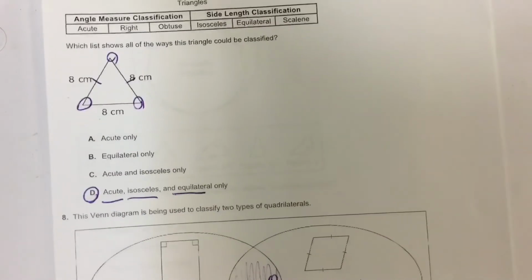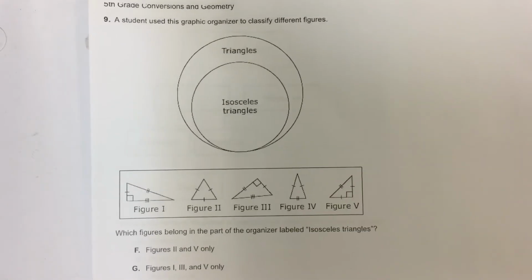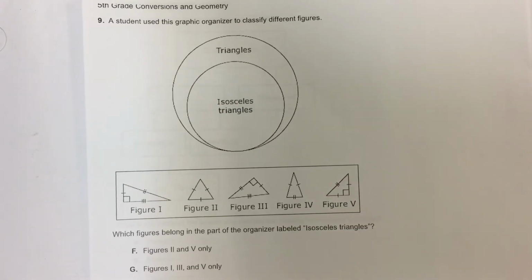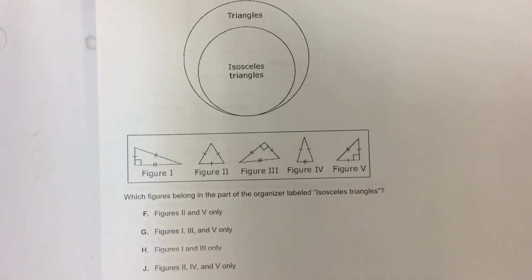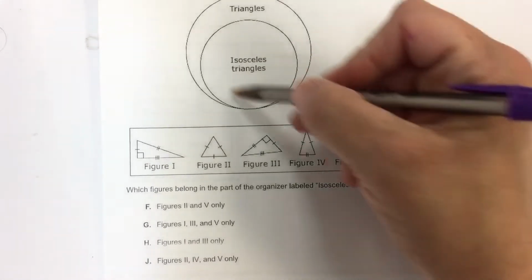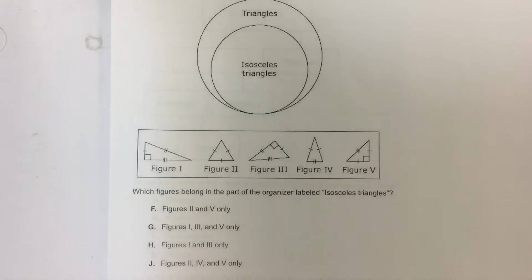All right, number 9. A student used the graphic organizer to classify different figures. Which figures belong in the part of the organizer labeled isosceles triangle? So which one of these is going to go in here? Which one is going to be classified isosceles?